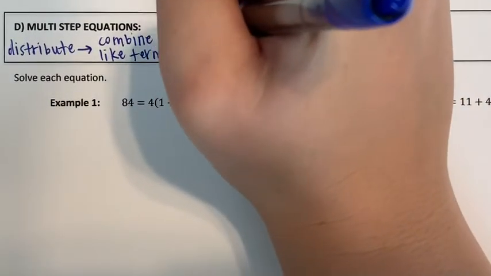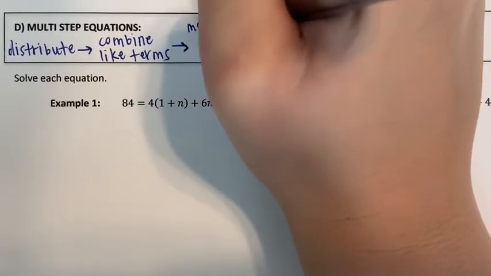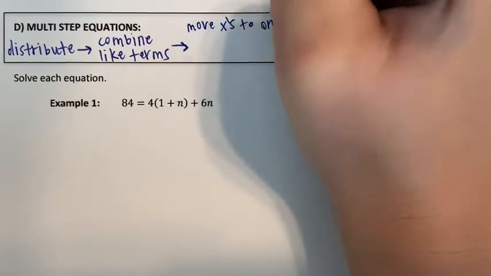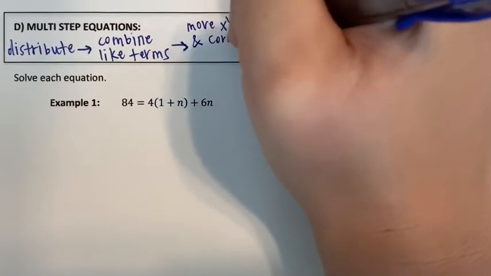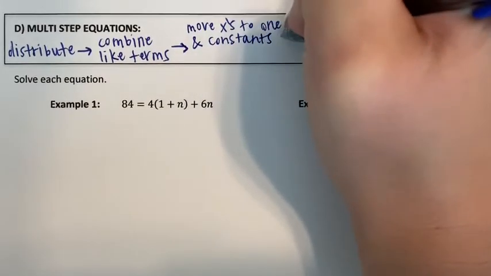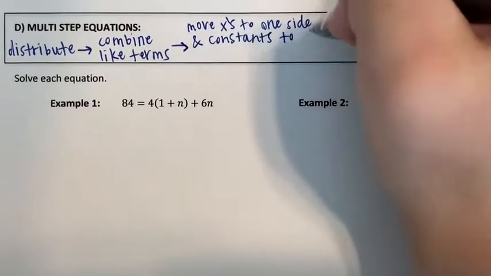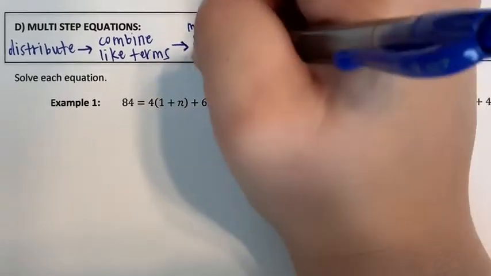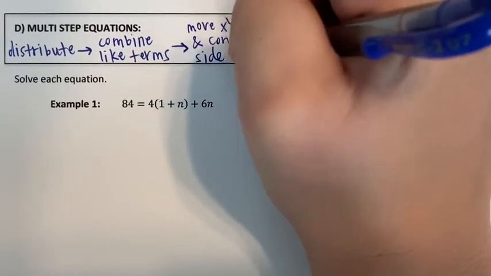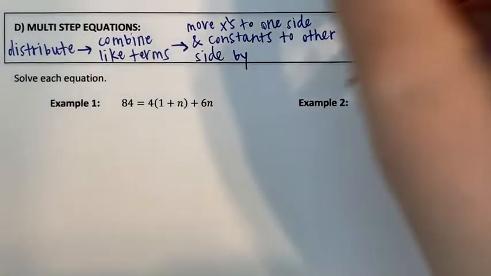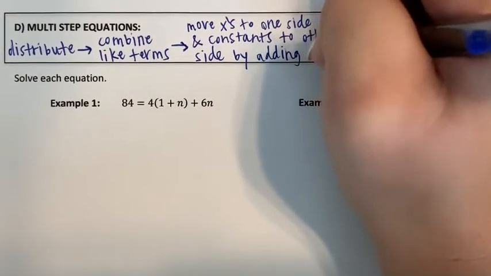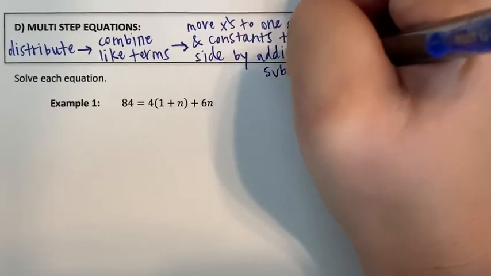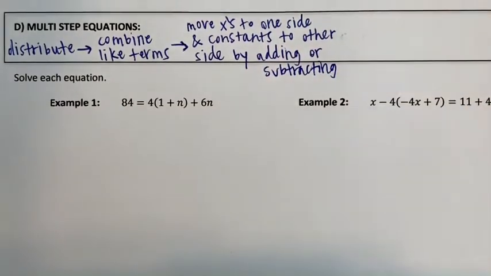So this is when we will move x's to one side and constants to the other side. And again, we do that here by adding, we'll say, or subtracting, right? We have to use the inverse operations.